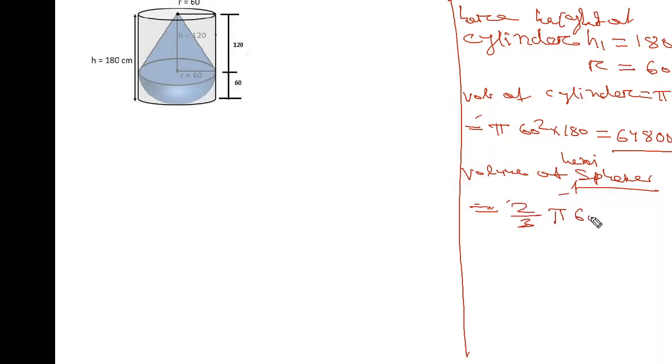R is 60 cube, you can write. So after calculation, 2 by 3 into 60 cube will be 672,000. Then it will be equal to 144,000 pi cm cube.